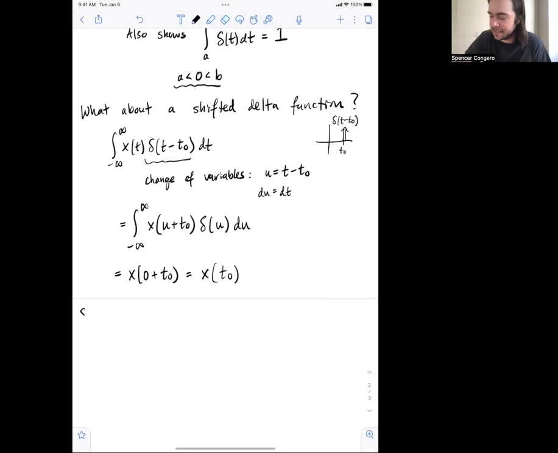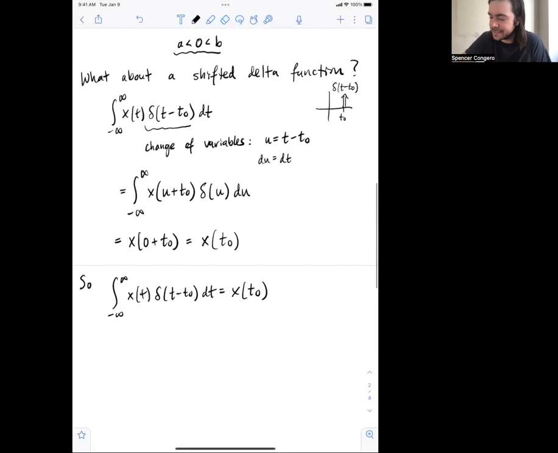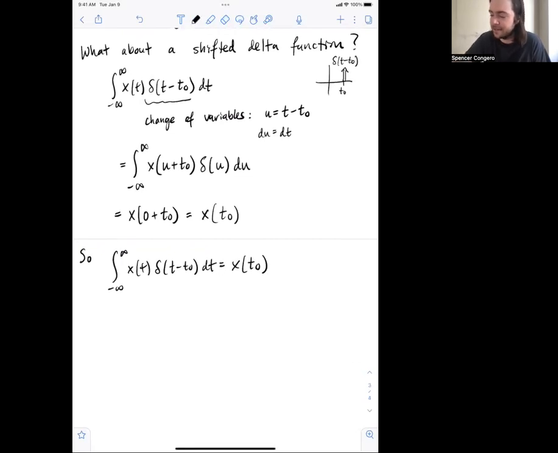Okay, so let me just summarize that. This integral, x of t, delta of t minus t naught, dt, equals x of t naught. So this entire integral picks out the value of x where the delta function is located. So just x of t naught. Let me just write that.